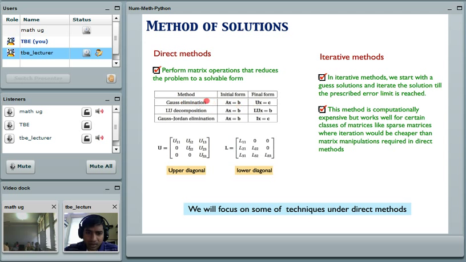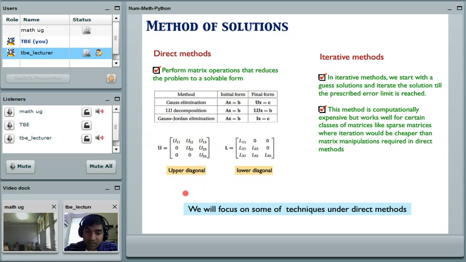Now, this particular table tells you what this method tries to do. It takes the system Ax = B and does some transformation to get another system Ux = C, where U is a matrix which has all the lower diagonal elements equal to 0. This is called the upper triangular matrix, which means only the elements on the diagonal and above the diagonal are non-zero.